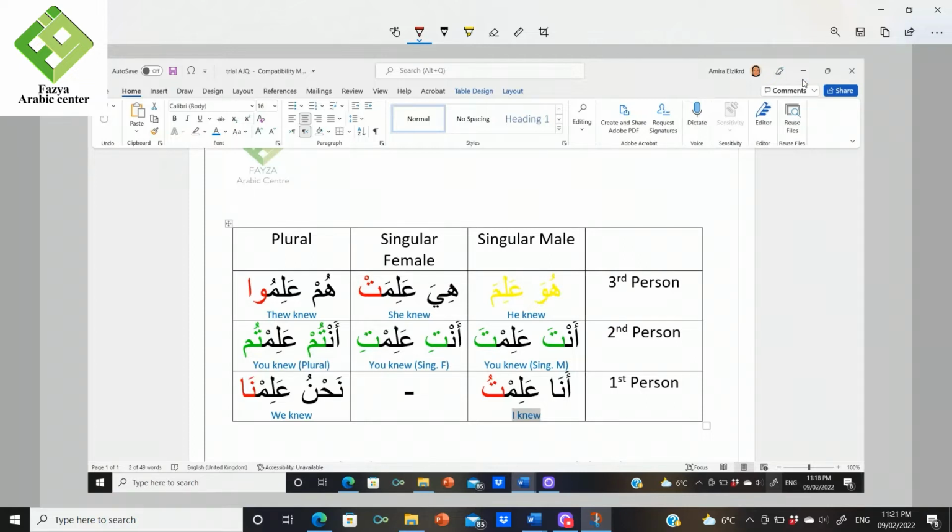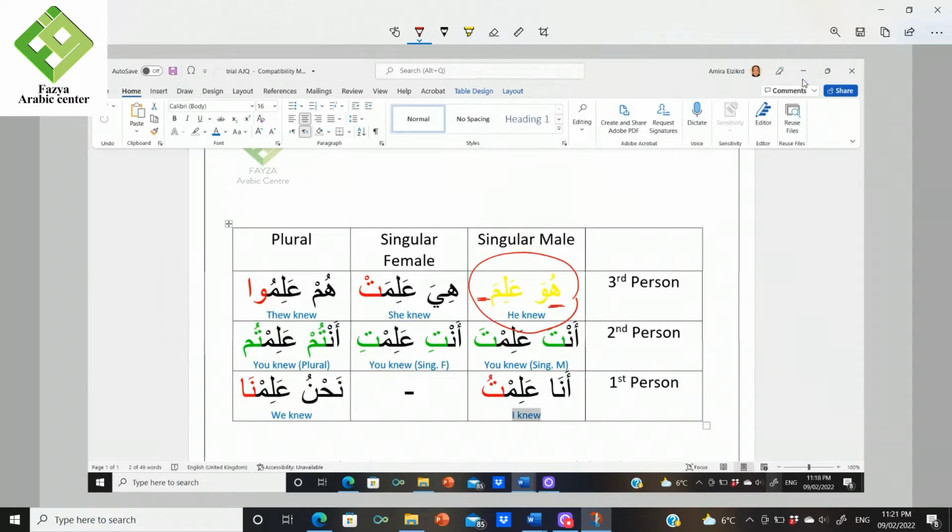So we have to remember all the time that هو, that is he, is the only pronoun for which the verb doesn't have anything added at the end. In any verb, it doesn't matter. Alima, to know, is only an example. So everything that I'm going to say now is applicable to all other verbs.